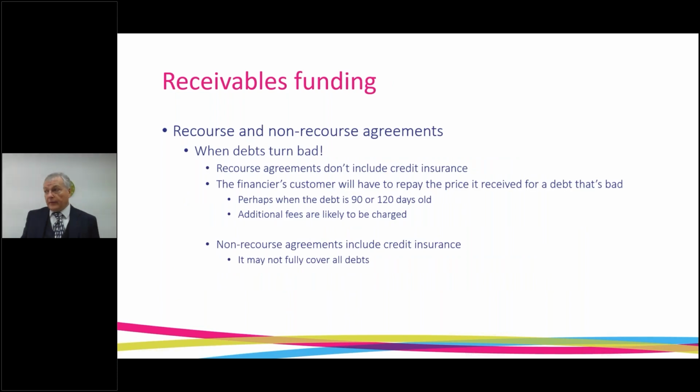You also sometimes come across recourse and non-recourse agreements, and these are basically about who takes the risk of bad debts, in that non-recourse agreements include credit insurance. So if a debt turns bad, the financier will claim on the credit insurance. If it's a recourse agreement, it means the financier will have recourse back to the trader if a debt turns bad.